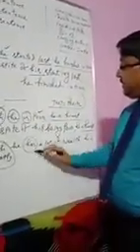Here is another sentence. Though he has a lot of wealth, he is unhappy. My dear students, here also is an auxiliary verb, has.